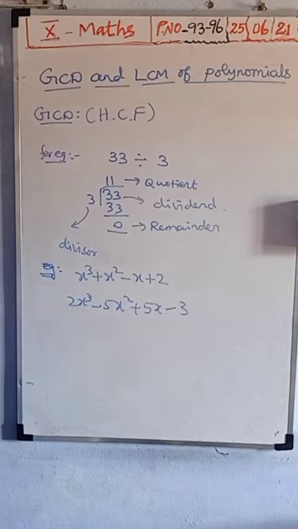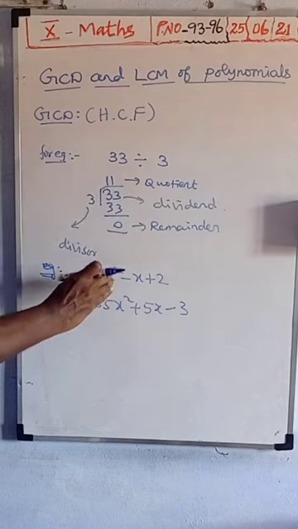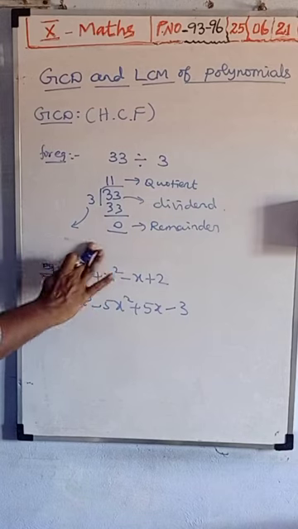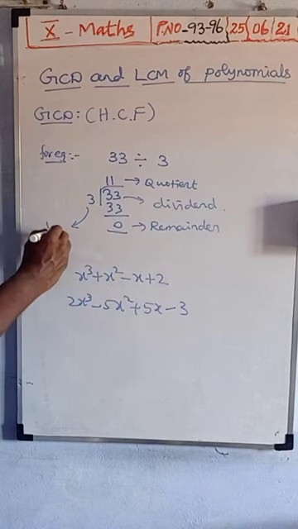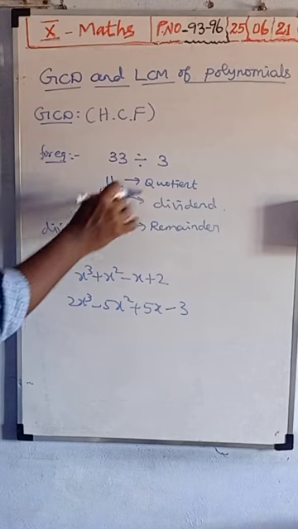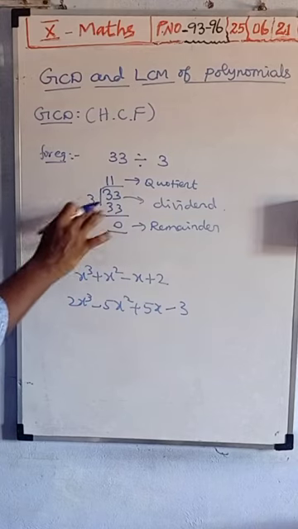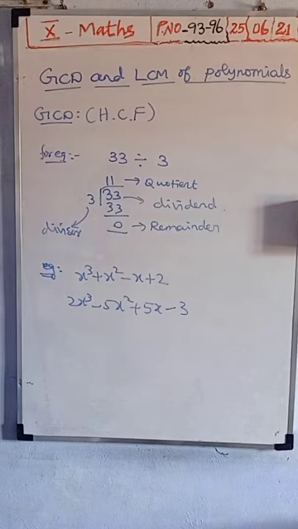How do we find the GCD? You should divide by the long division method. At last, the divisor we use is called the GCD.